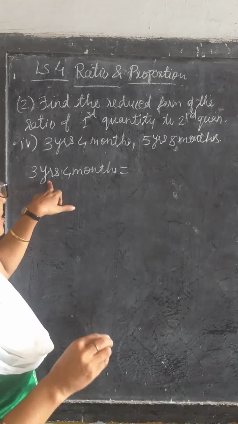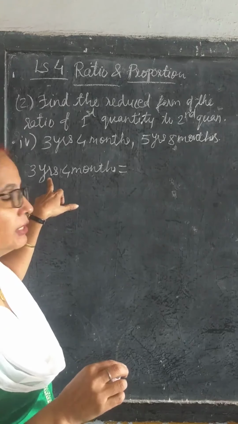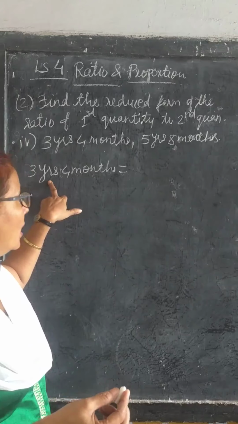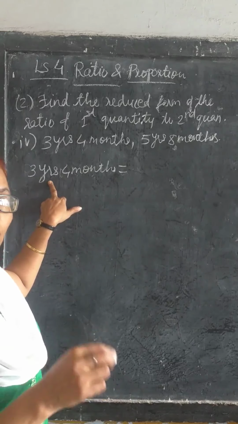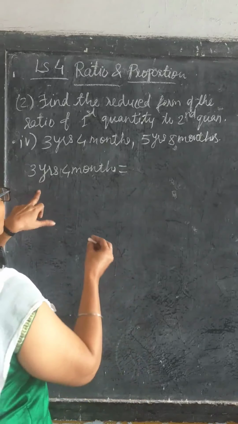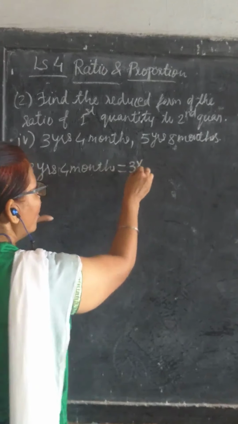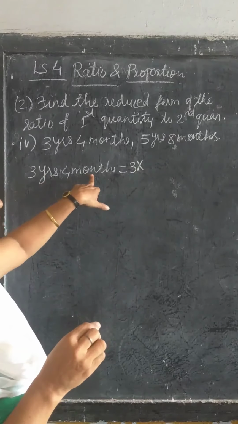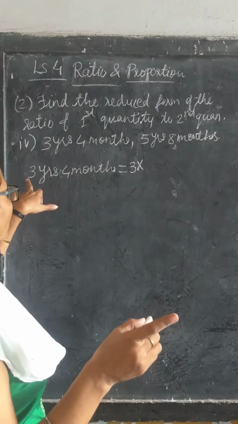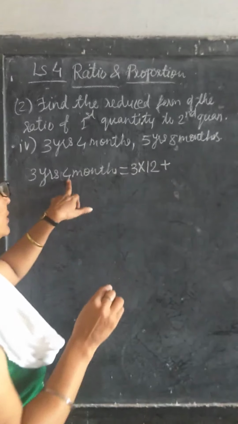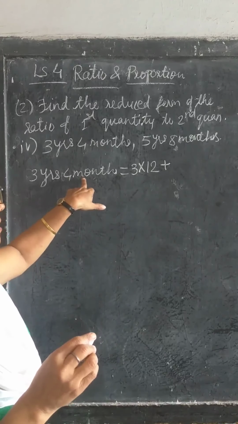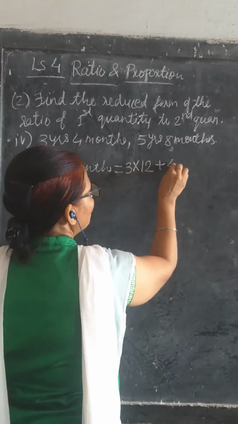I want to convert a bigger unit into a smaller unit, and whenever we convert bigger into smaller, you have to multiply. Here 1 year is equal to how many months? 12 months. So this 3 you will multiply with 12, and this 4 is already in months, so this you have to add.